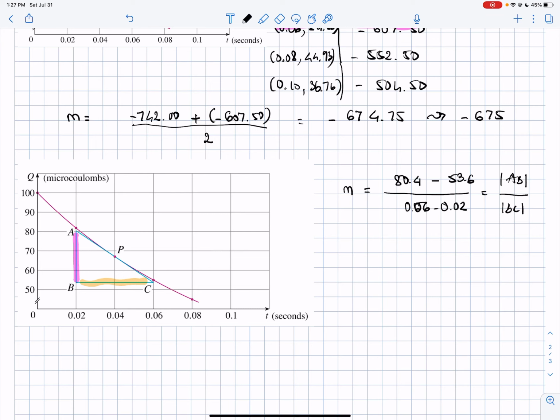But you know that the tangent line goes this way, so the slope has to be negative. So we're going to put the minus in front. Then we calculate and we get negative 670. So with this different way, the second way and the first way, we have a very close answer for the slope of the tangent line.